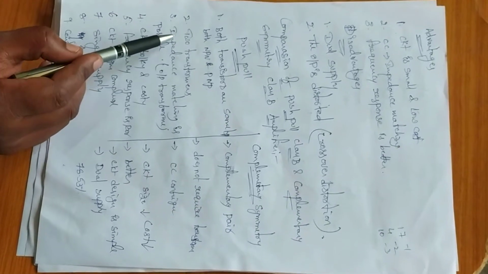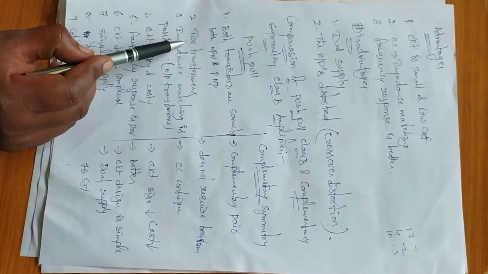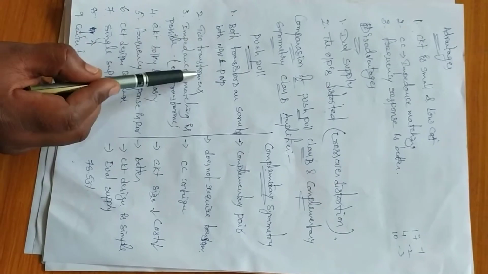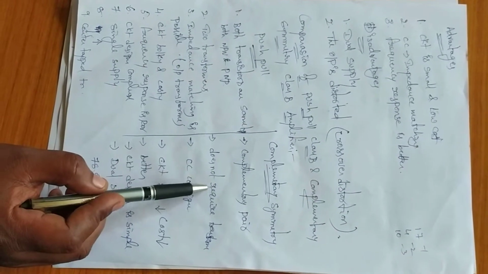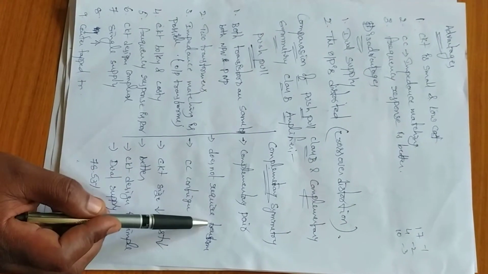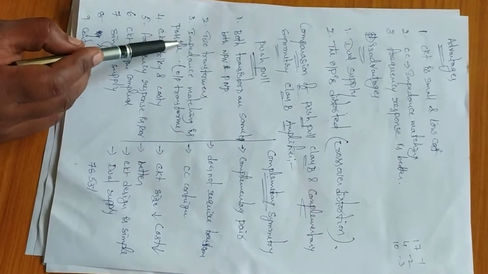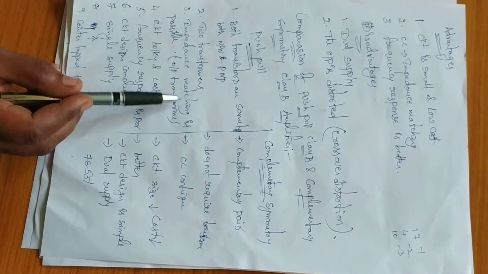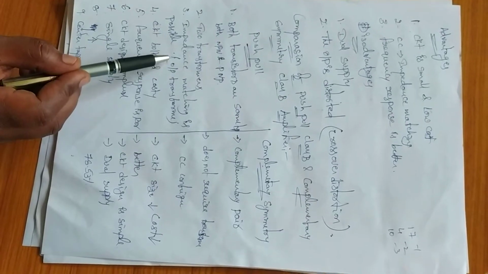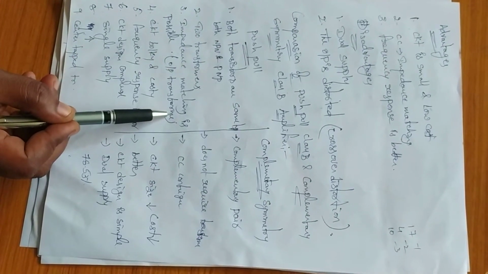In push-pull, it requires two transformers, that is input transformer and output transformer. In complementary symmetry, it does not require any transformer. In push-pull, impedance matching is possible because here we are using an output step-down transformer.